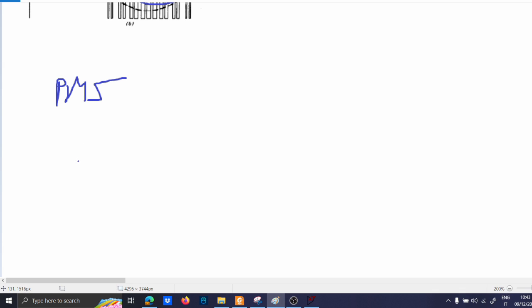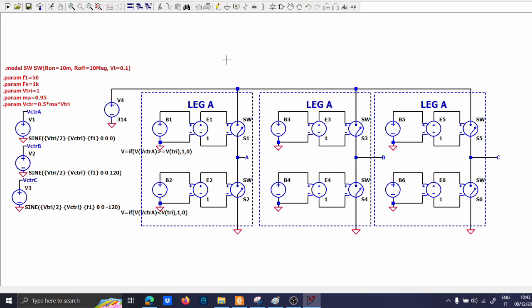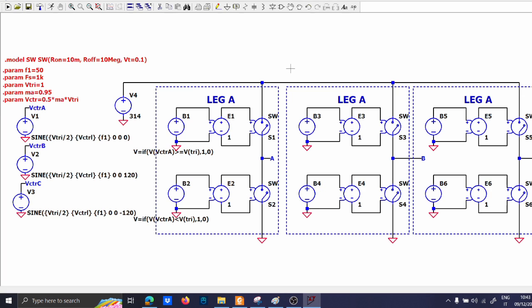The permanent magnet synchronous machine can be represented with an inductance, a resistor, and the back EMF, which is a sinusoidal waveform. So to each leg, we will now have the motor.